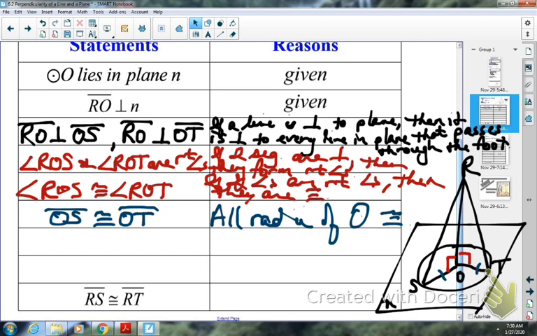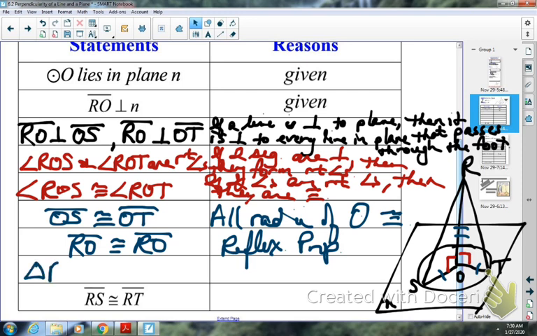Well, notice also these two triangles butt up against each other. So we could say that segment RO is congruent to segment RO by the reflexive property. So that gives me 3 pairs of congruent parts. So we can state triangle ROS is congruent to triangle ROT by side angle side.